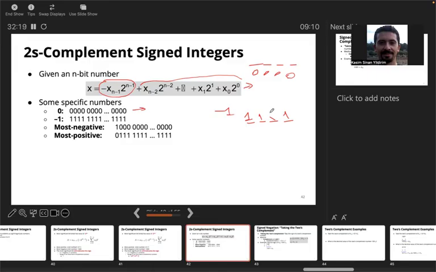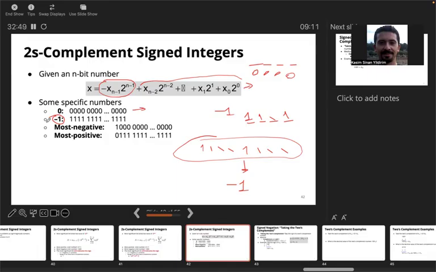If I have an 8-bit number, again 1, 1, 1, 1, 1, 1, 1, and 1, this number is also -1. So basically, if you fill all the bits with 1, you always obtain -1, right? This is the representation for -1.